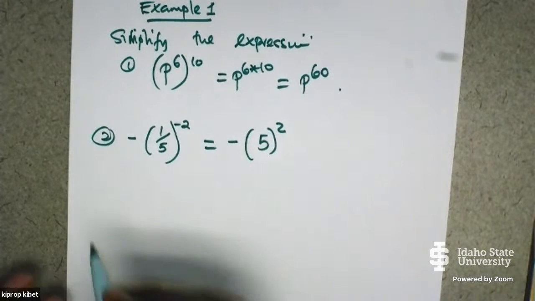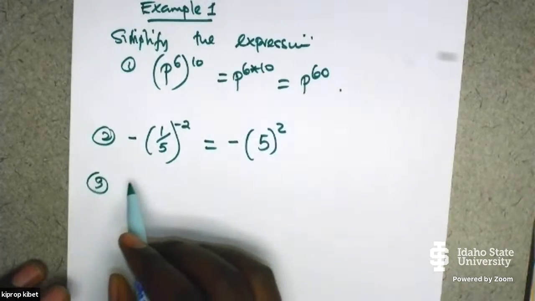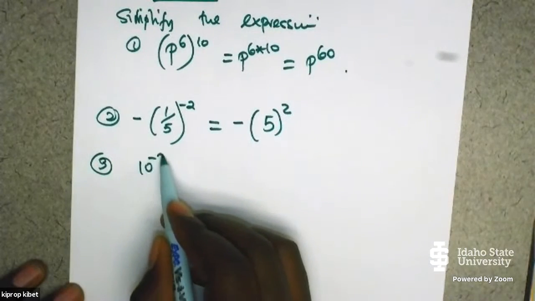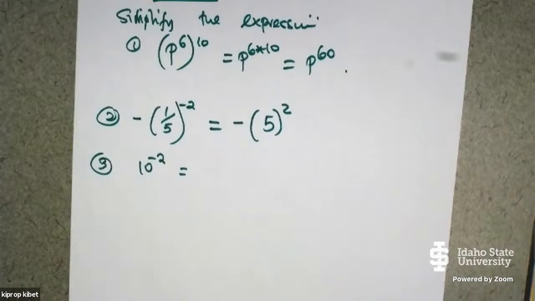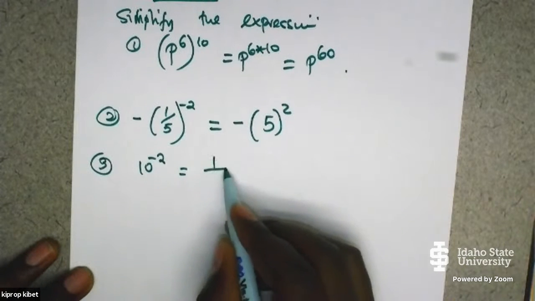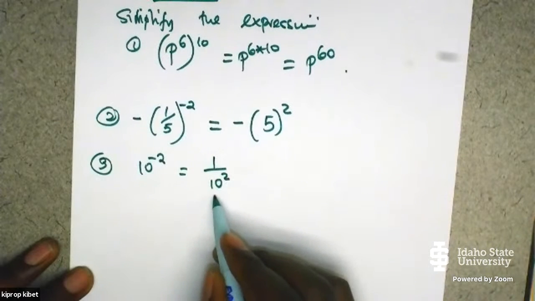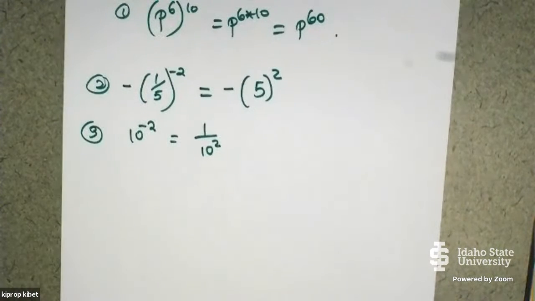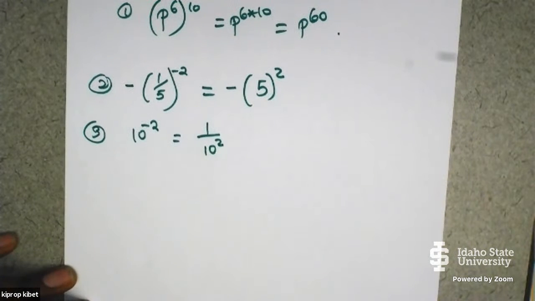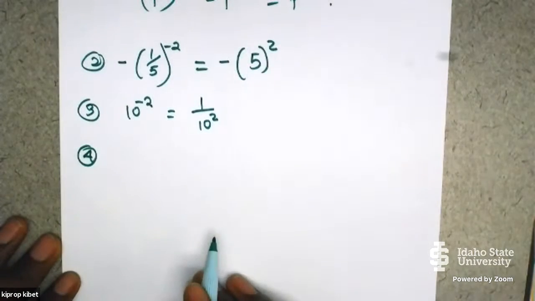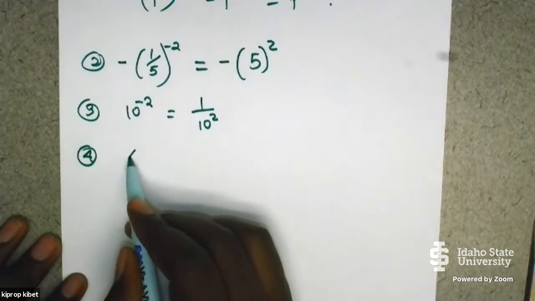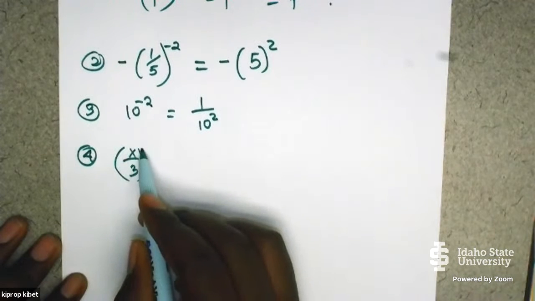Number 3, 10 raised to minus 2. This is similar to property number 4, which is equal to 1 over 10 squared. Number 4, x all over 3 raised to minus 4.